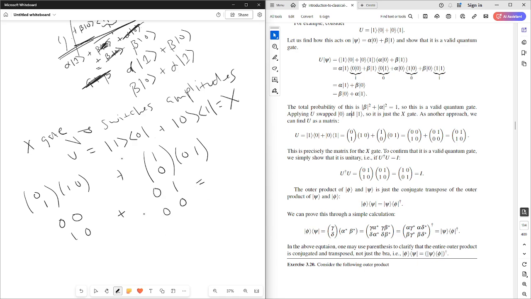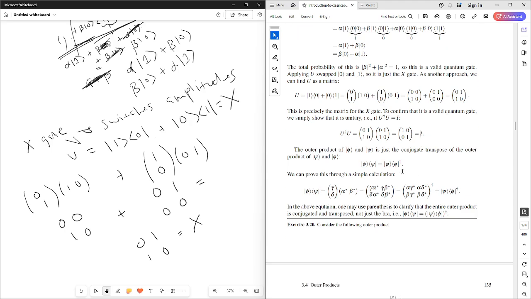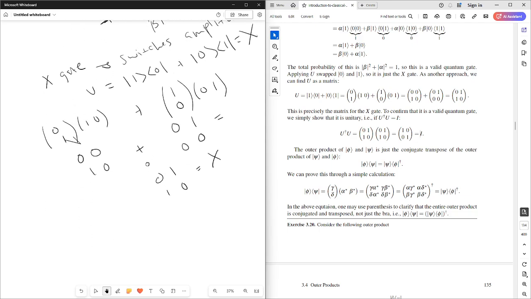Adding these two 2 by 2 matrices together, we get 0, 1, 1, 0, which is equal to the matrix form for the X gate. So we can prove this both by using this format, and we can also confirm it via the X gate using the matrix. Also, you can look at the outer product the other way.